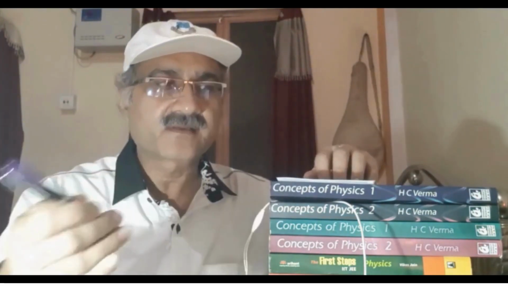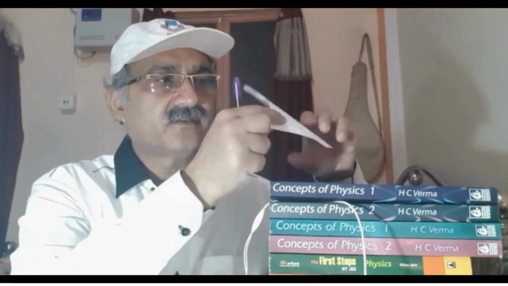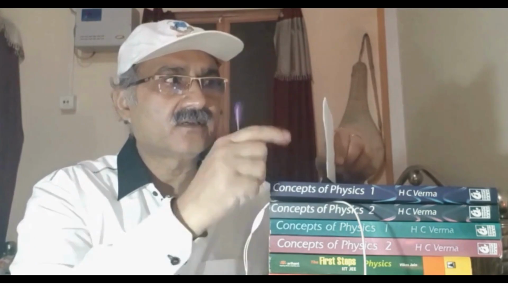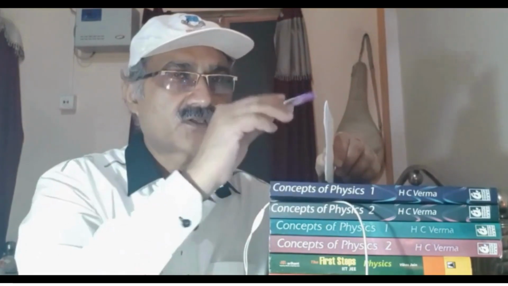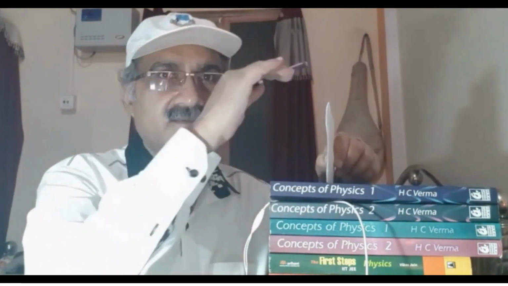If I say it mathematically, if the area is in the YZ plane, then the direction of the area vector will be along x-axis, right? If this is x-axis, this is y-axis, this is z-axis, so this surface, I am holding it in YZ plane. So direction of the area vector will be along x-axis.